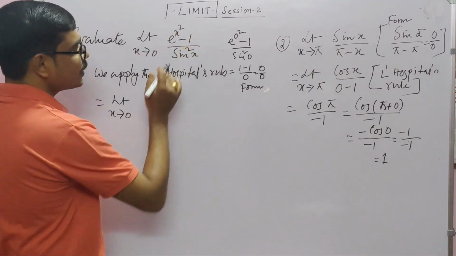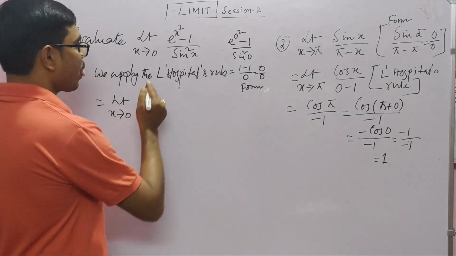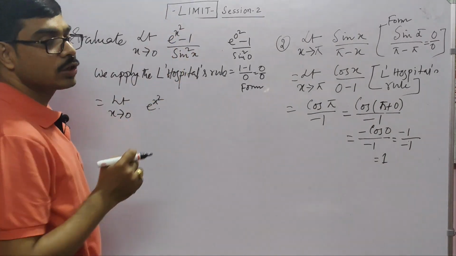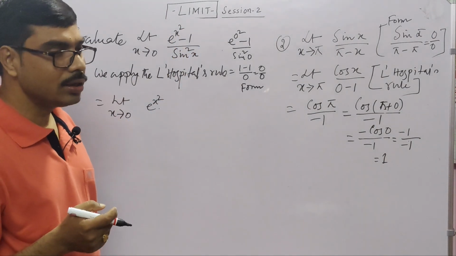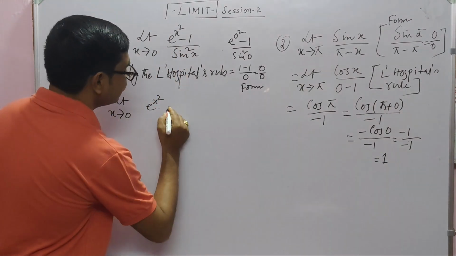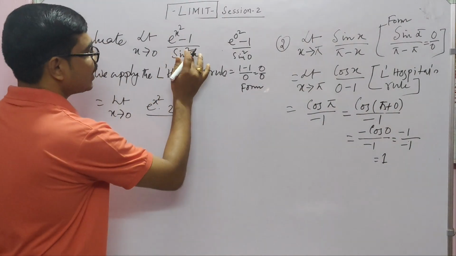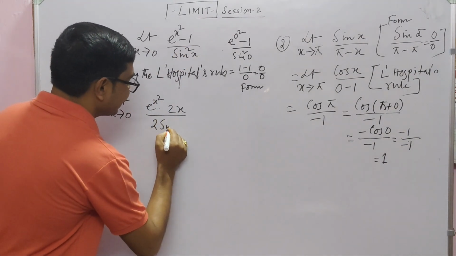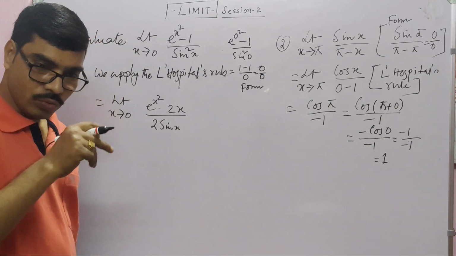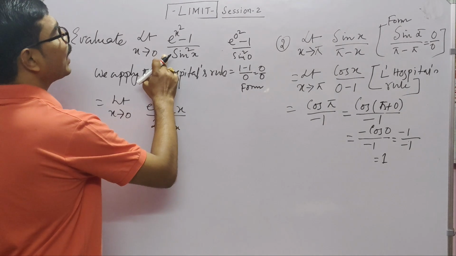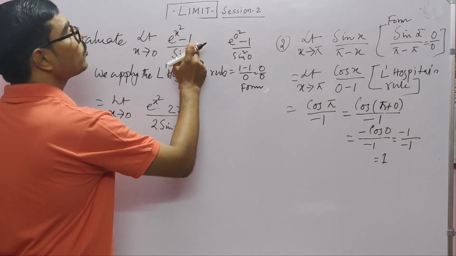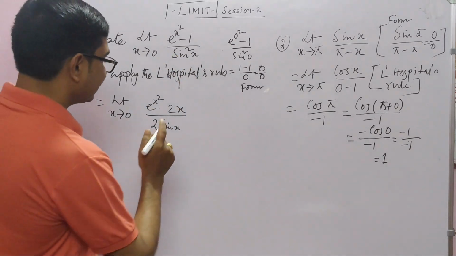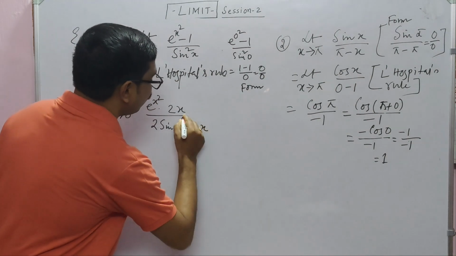Now the derivative of e to the power x square: the derivative of e to the power x is e to the power x, but this is not x, it is x square, so use the chain rule, the derivative of x square is 2x. And for sin square x, the derivative is 2 sin x, the power comes down and reduces by one, but it is not just x, so we again differentiate sin x, which equals cos x.